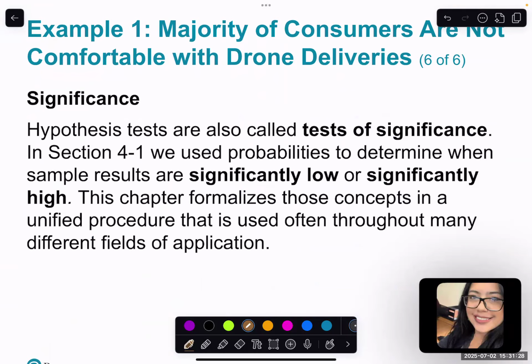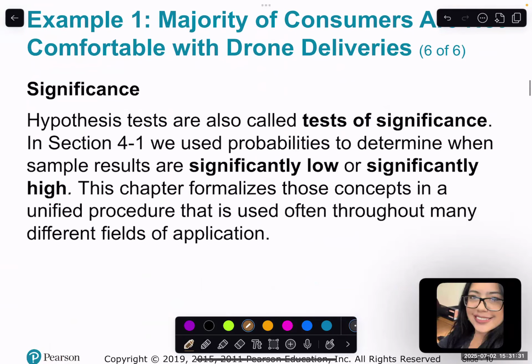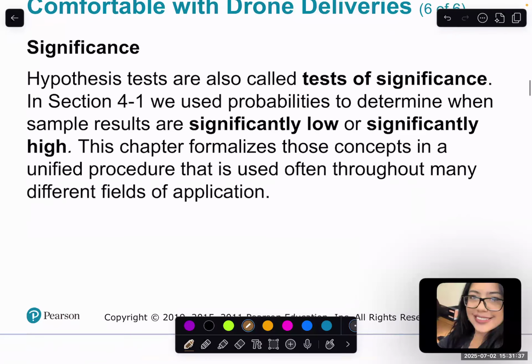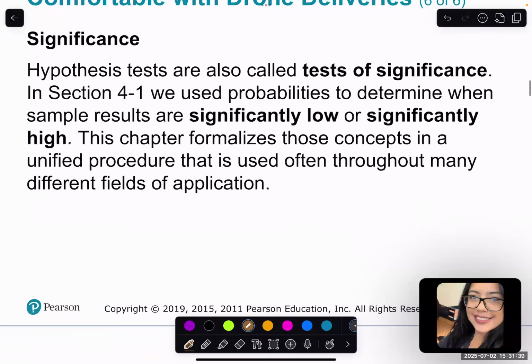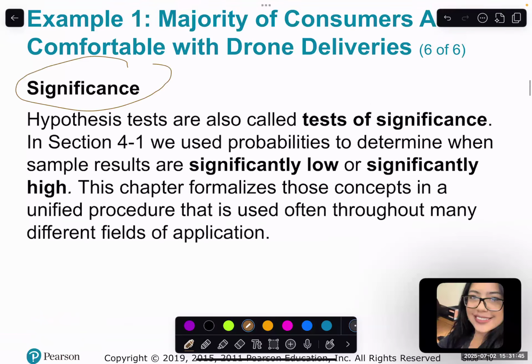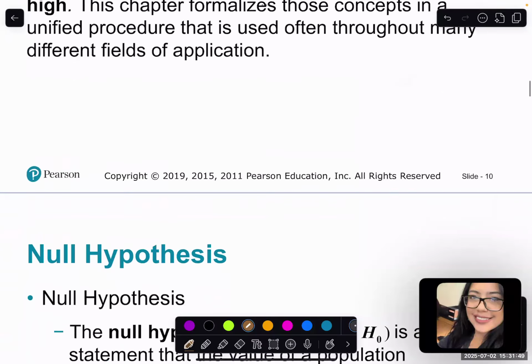Remember that in section 4.1, we use probability to determine whether something's significantly high or significantly low. This chapter formalizes those concepts in a unified procedure that is often used in many different fields of application. So significance is very important when using hypothesis testing.